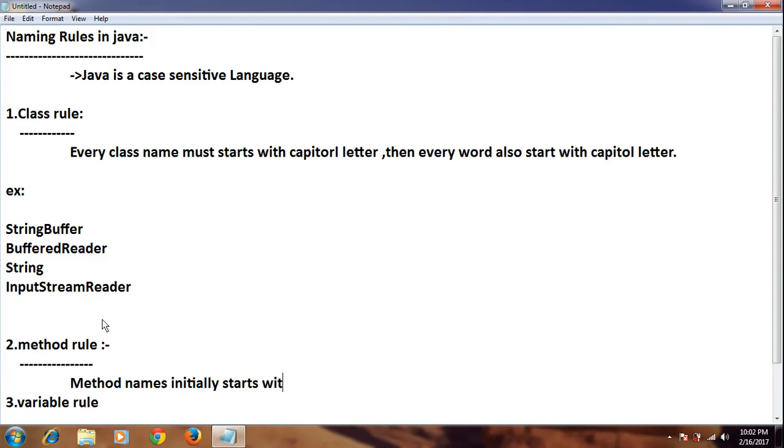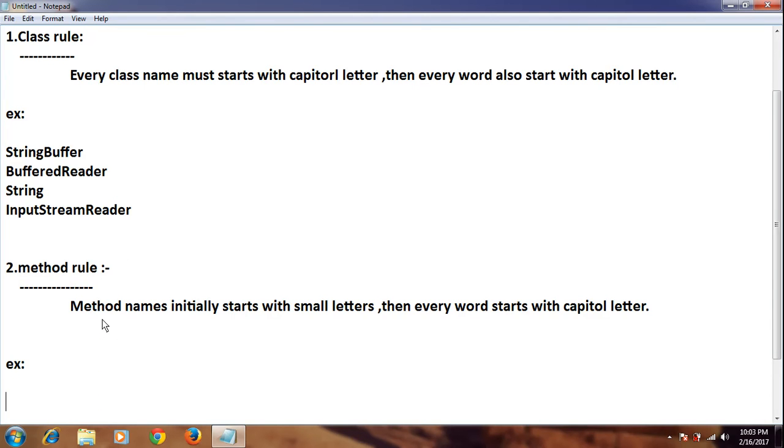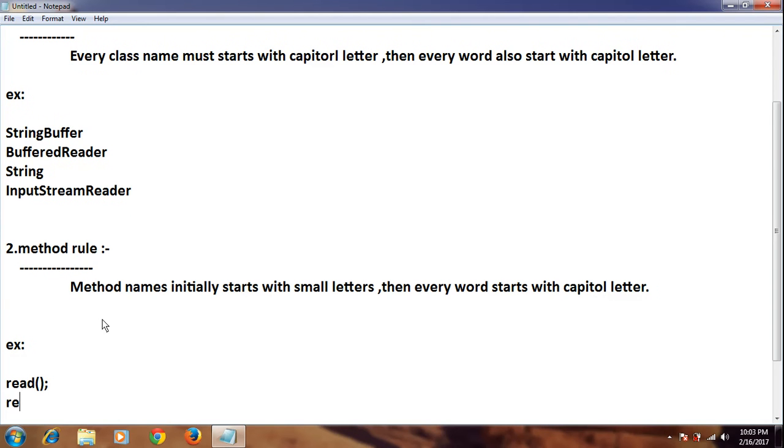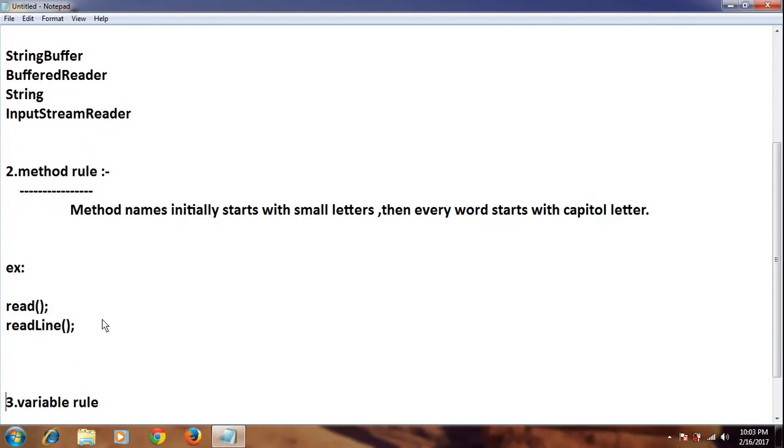For example, I have a method read. There is only one word, which starts with a small letter. For example, I have a method readLine. So r is small and L is a capital letter. That is the method rule.